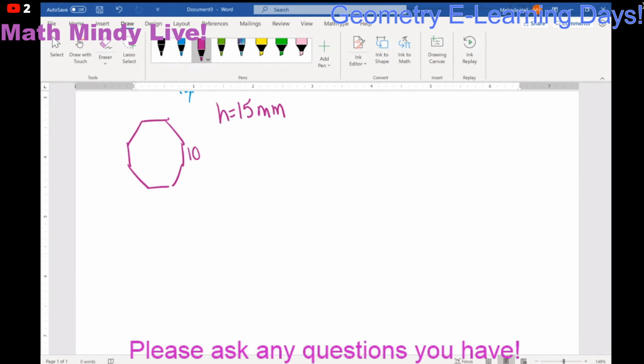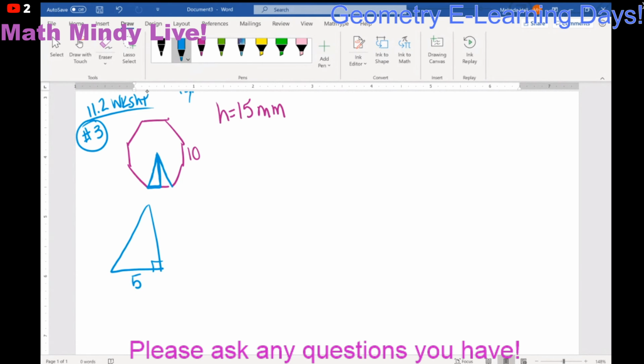So first, to get that apothem, we are going to have to look at this little slice of the octagon, but remember we're only looking at half of that slice. If I draw that triangle a little bit bigger, I know this bottom side is 5, because it is half of your actual side length.